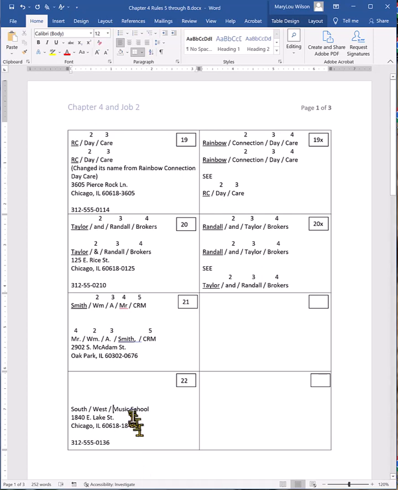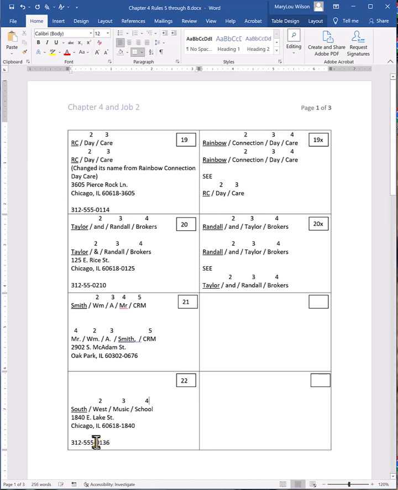Southwest Music School, where, since it's a business, the first word is going to become my key unit, South, and then West is going to become unit 2, Music, unit 3, and School, unit 4.